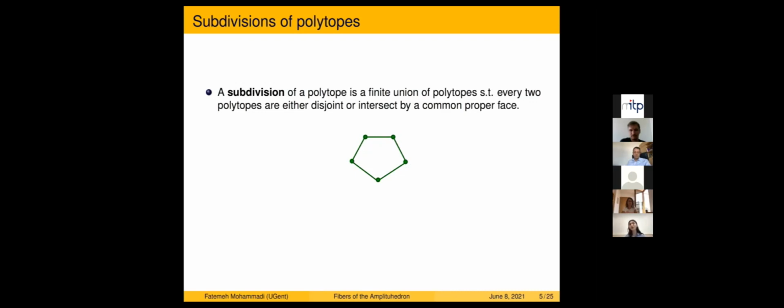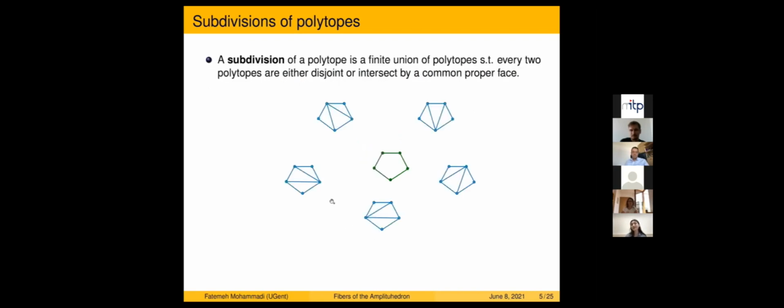But at the same time, I would like to have the property that whenever I take a pair of subpolytopes, they intersect nicely. So either they are disjoint, they don't overlap, or when they intersect, the intersection is on a common proper face. For this easy example, we see that we have 5 different triangulations, 5 different ways that you can triangulate your pentagon.